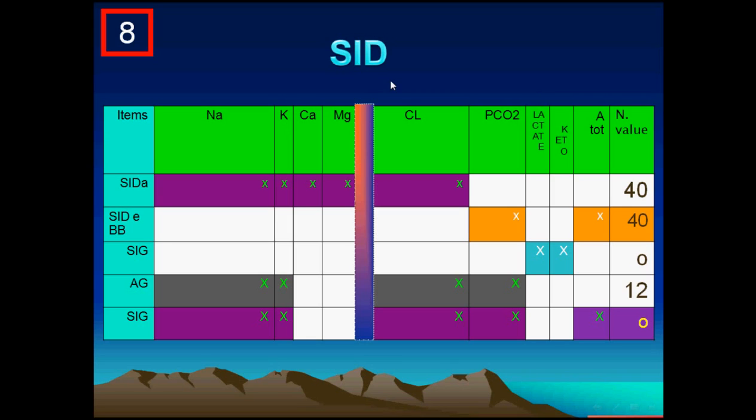What about the strong ion differences? When you look at the composition, as I have mentioned before, of the extracellular compartment, this is formed of cations and anions. And we have mentioned that there's some sort of what we call electroneutrality, in which the cations equal the anions.